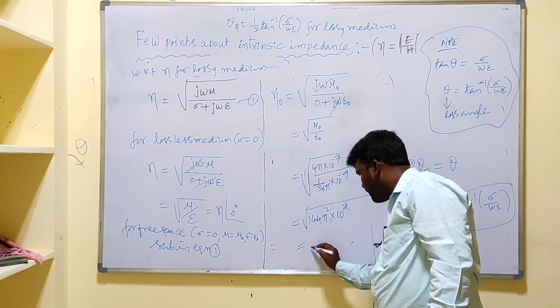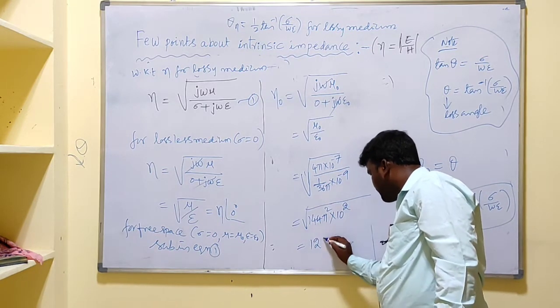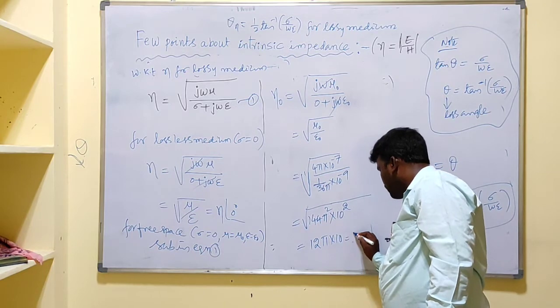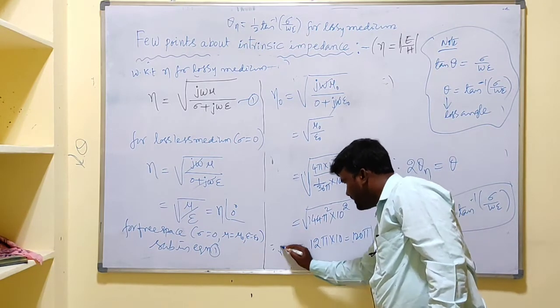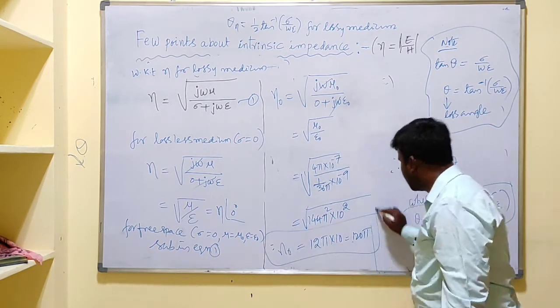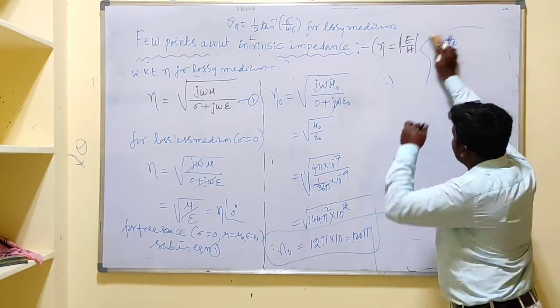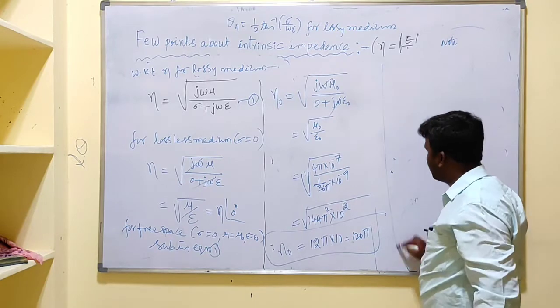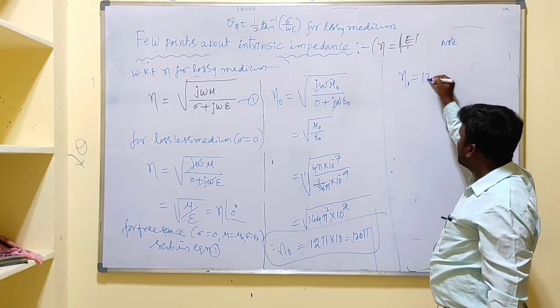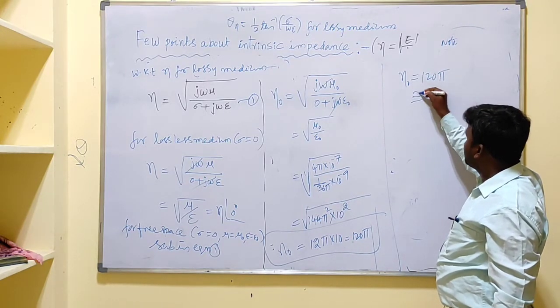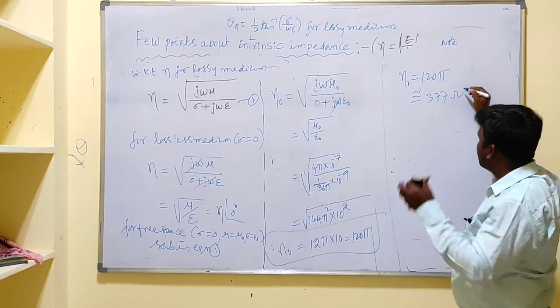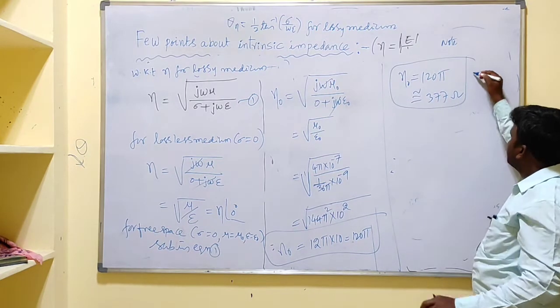So root 144 means 12, root pi square means pi, into 10, that equals 120 pi. That means the intrinsic impedance for free space is eta naught equal to 120 pi, or approximately 377 ohms for free space.